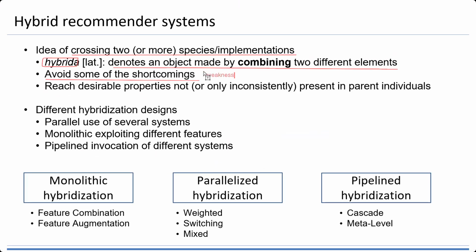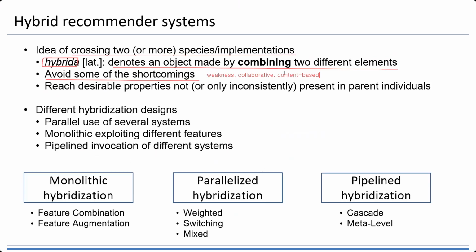So let's say when we use collaborative filtering, what is the weakness? We just rely on the rating, we just rely on the numbers. If we do content-based filtering, what is the weakness? We just rely on the content, we just rely on the reading, and most probably it is qualitative.